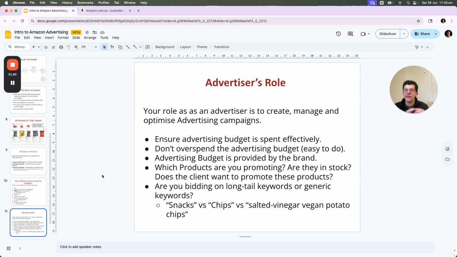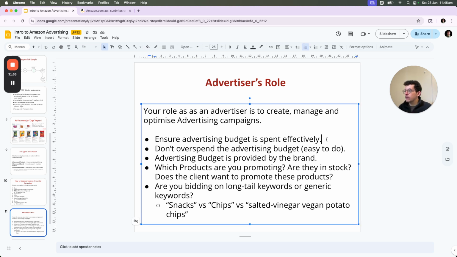That is the advertising cost spent by the client, by the brand. And so it is your job, as an advertiser, to manage these campaigns, to ensure that the advertising budget is spent effectively, to not waste advertising dollars. You want to be careful that you don't overspend the advertising budget that the client provides.